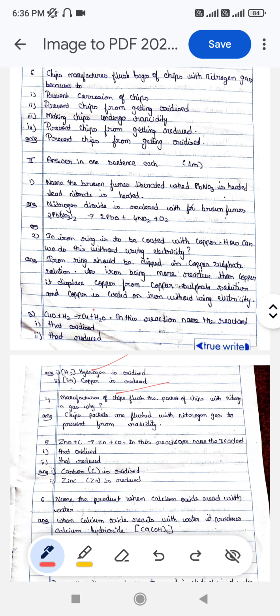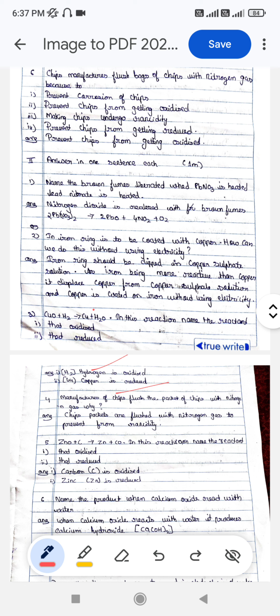This is called rancidity, correct? This phenomenon is called what?